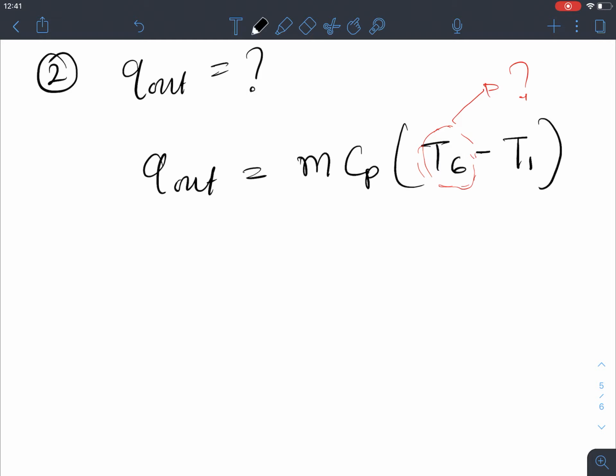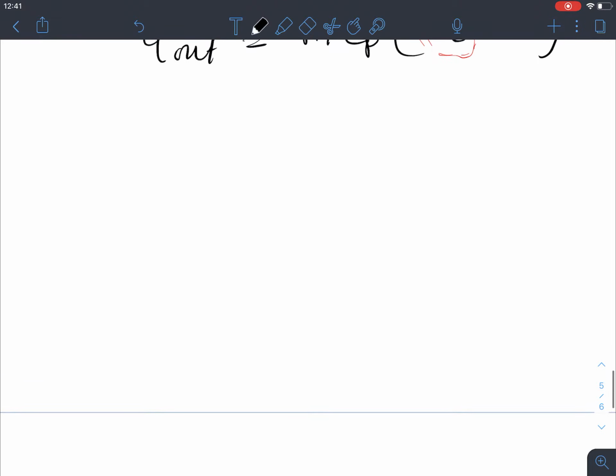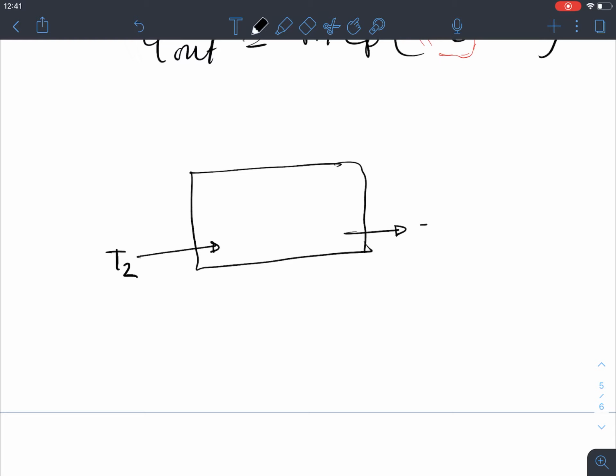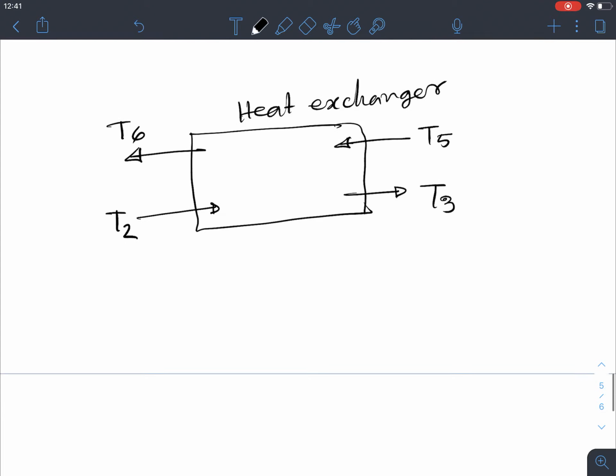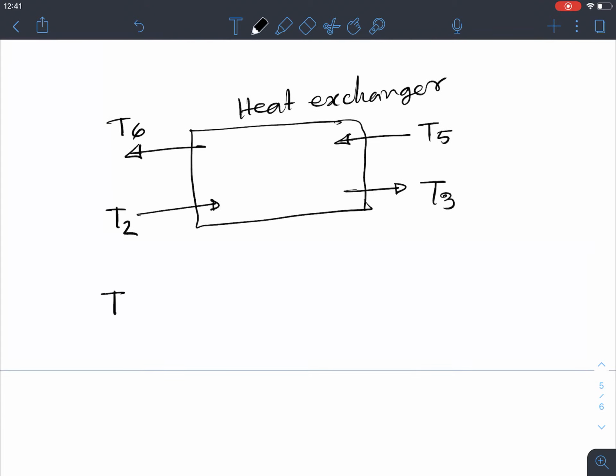So we have to determine it. How? Let's draw that heat exchanger, right? What is happening? T2 here and T3 here, and then T5 is incoming, and T5 and T6 are outgoing, right? And in this heat exchanger, we know all this information. So basically, can we write an equation this way?